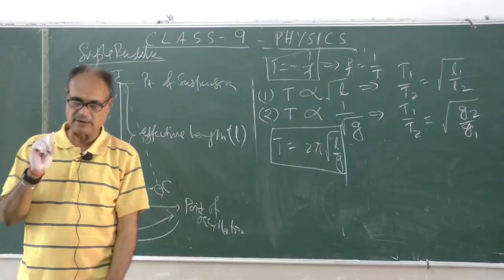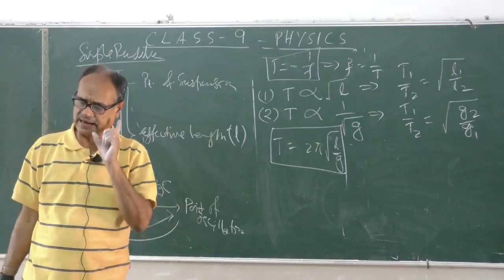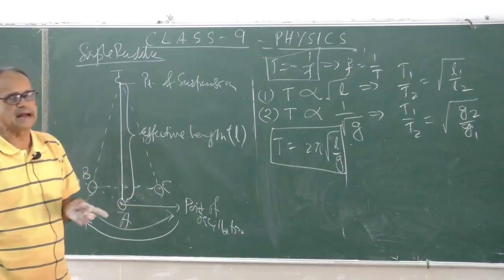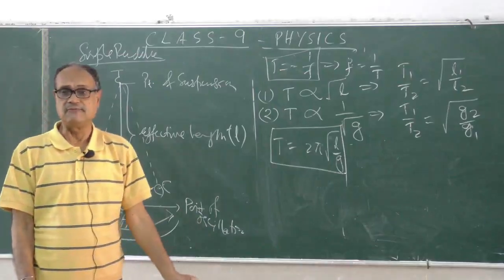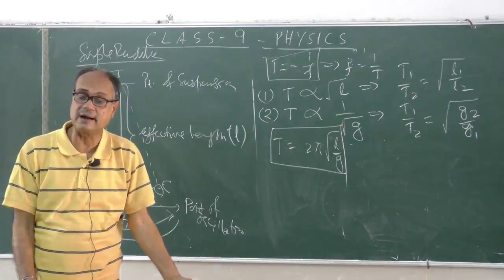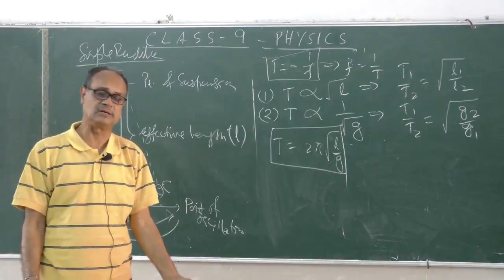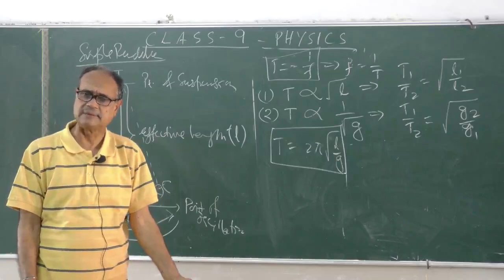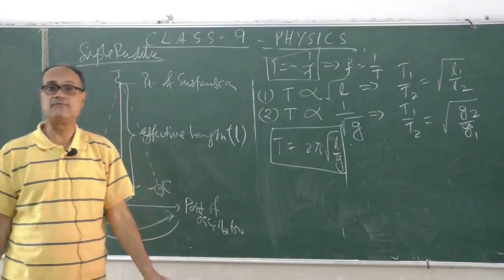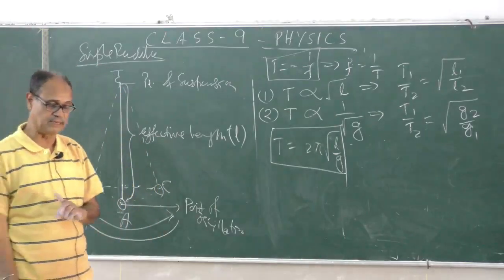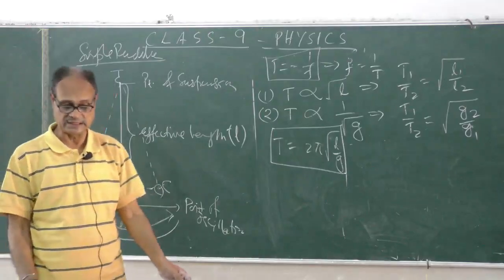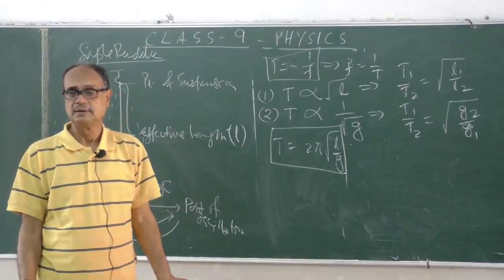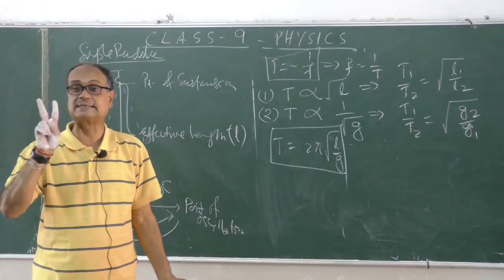A seconds pendulum is sometimes asked as a one line definition. A seconds pendulum is a simple pendulum which has its effective length nearly 100 centimeter, that is 1 meter. It is nearly 99 point something, very nearly, the effective length being approximately 1 meter, and the time period should be exactly 2 seconds.